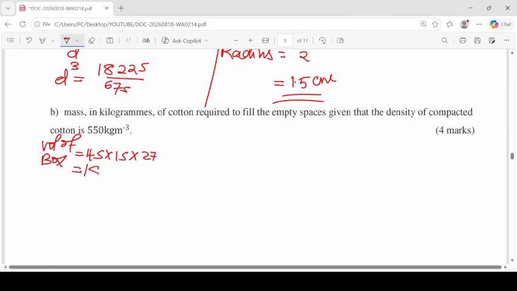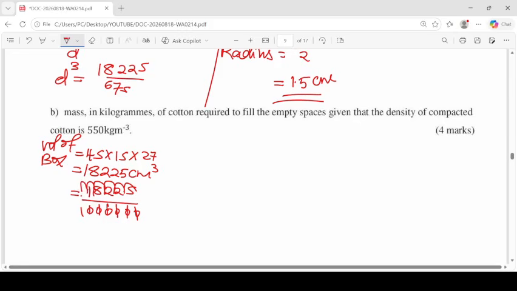This evaluates to 18,225 cubic centimeters, which we can convert to cubic meters by dividing by 1 million. So when you have this 18,225 you divide by 1 million, and the decimal point moves six places.